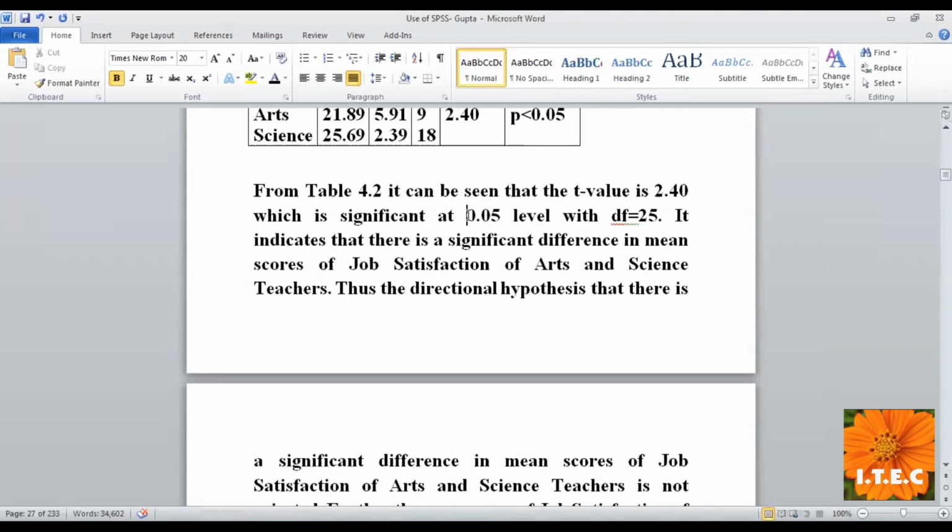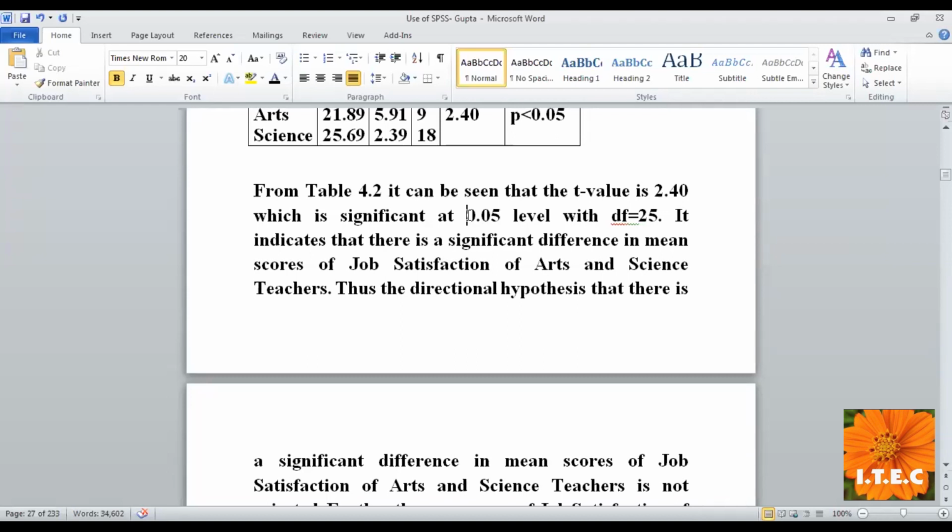So you can write the directional form of the hypothesis provided you have a strong base. If you do not have a strong base, then forget about it. Then you cannot write the directional hypothesis. You have to formulate the null form.